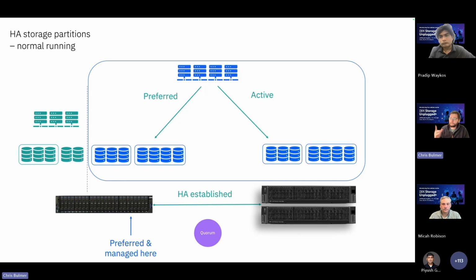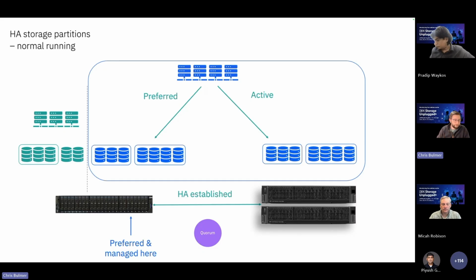But what we have here is we've got some servers running to a couple of volume groups inside our storage partition. A partition itself has a concept of management systems. And typically, in normal running, management is performed through only one of the two systems. And any of those changes are automatically replicated to the HA partner. We refer to that as the management system for the partition.